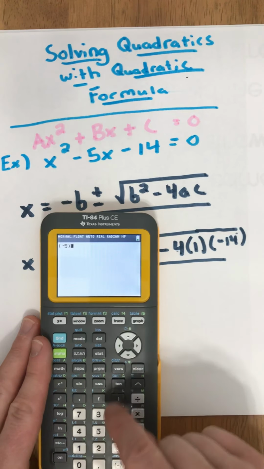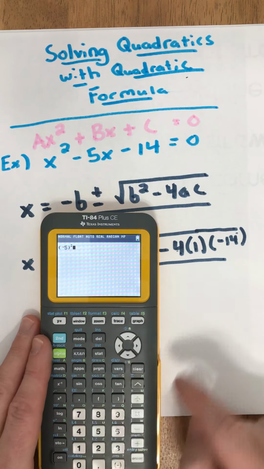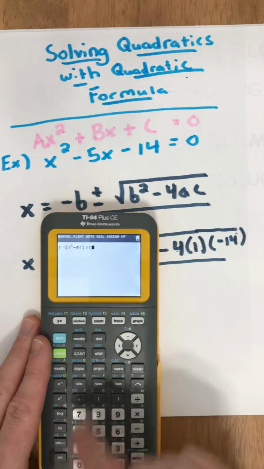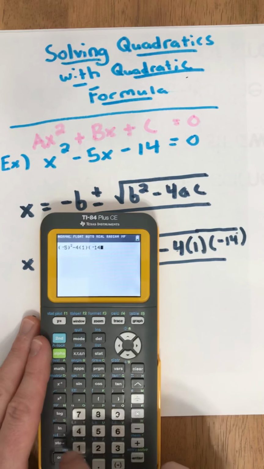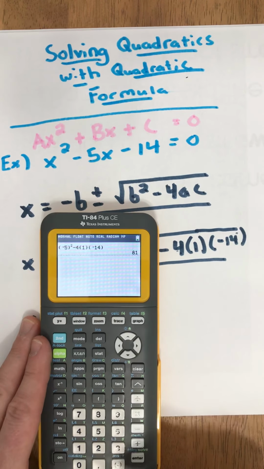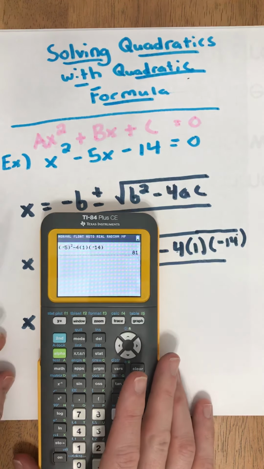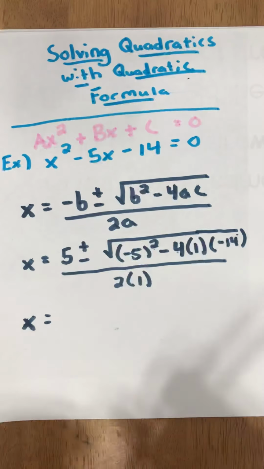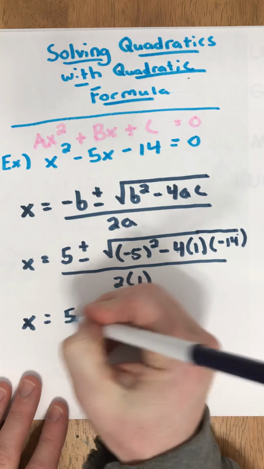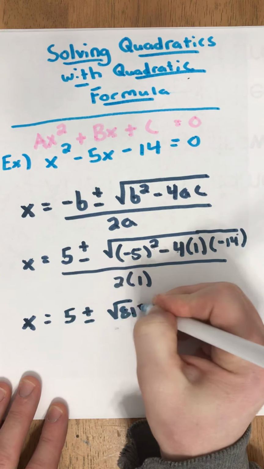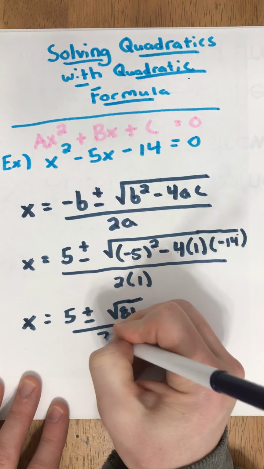I'm going to do negative 5 squared minus 4 times 1. I don't really need that, but I'll put it in anyway, times negative 14. And I get a positive 81. So this is going to be x equals 5 plus or minus the square root of 81, divided by 2.